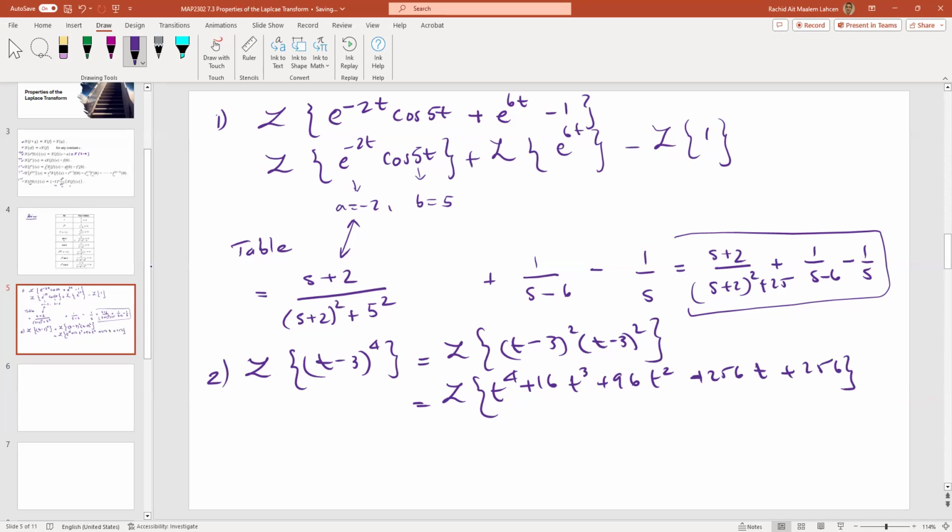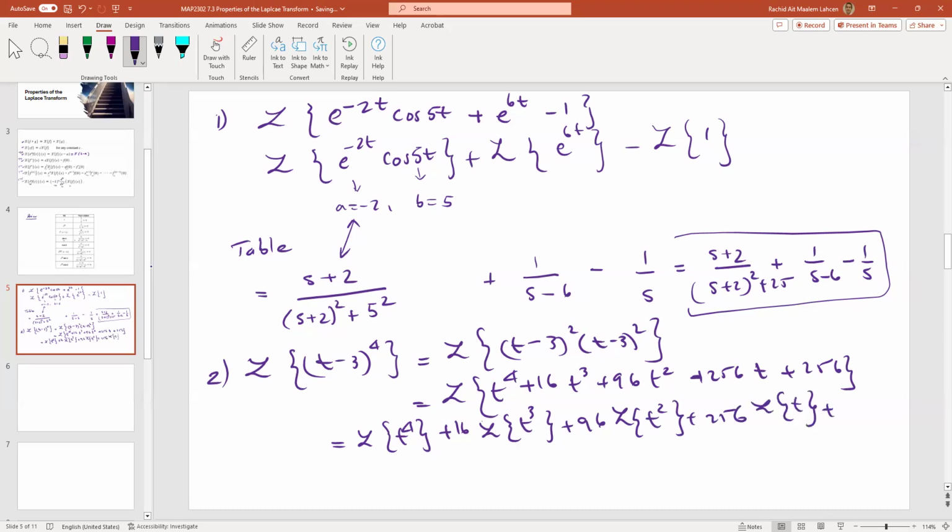All right, so based on linearity, each one is going to be by itself, right? Laplace transform of this one plus the multiple you see here, Laplace transform of this plus 96 Laplace transform of this plus 256 Laplace transform of this plus Laplace transform of this constant.